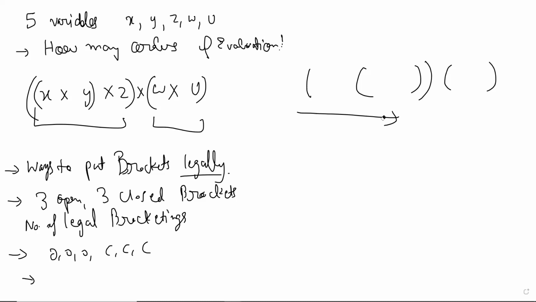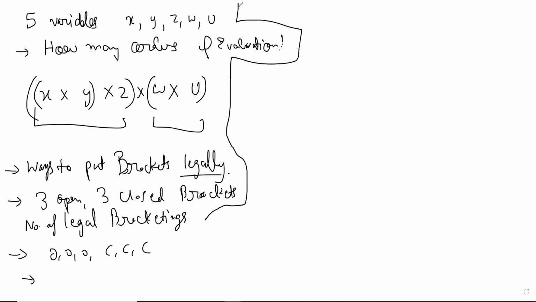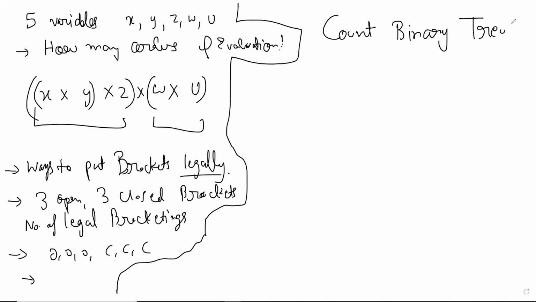But now the real question is, let's say that I want to count binary trees. I'll say what this means. This is an extremely simple structure, so nothing fancy, just the name.